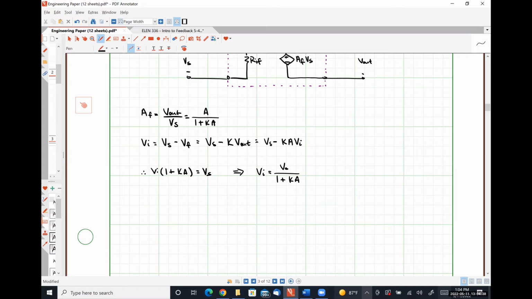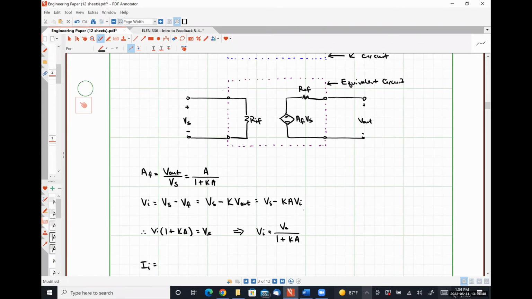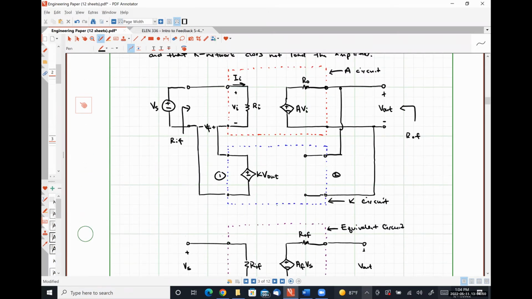Now let's look at our input current, Ii. Let's look at what we've got here. It is simply this voltage drop, Vi, divided by our input resistance, Ri.